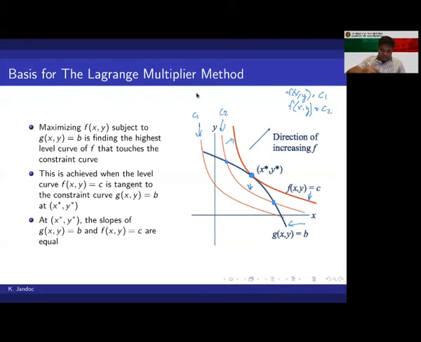So the slope of the budget line at the point x star y star and the slope of the red level curve at x star y star are equal.